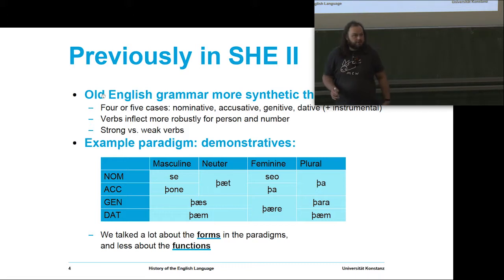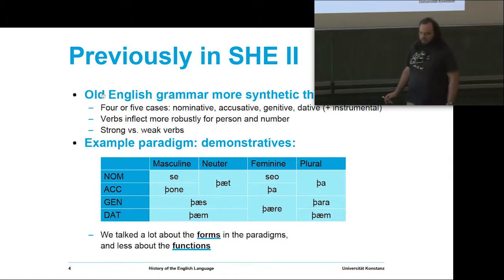You need to know things about the system of the language to do that. You need to know in what circumstances strong adjectives occur, in what circumstances weak adjectives occur, and in what circumstances your demonstrative will inflect. That kind of thing is the crucial knowledge for this course.